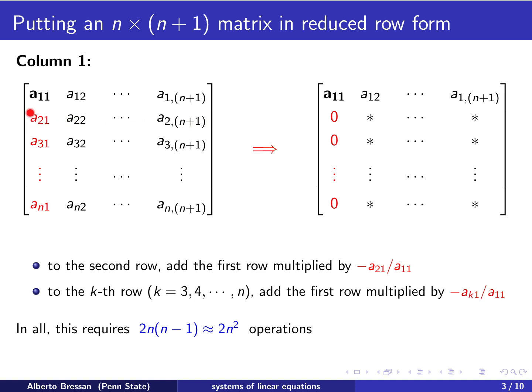You don't have to do the first one because you know it's going to be 0. Actually, here you don't even need to multiply the first a11, you know it's going to be added on top and make it 0. So basically you need to do it for the n remaining elements from index 2 to n plus 1. So in total, the number of operations needed will be exactly 2 times n.